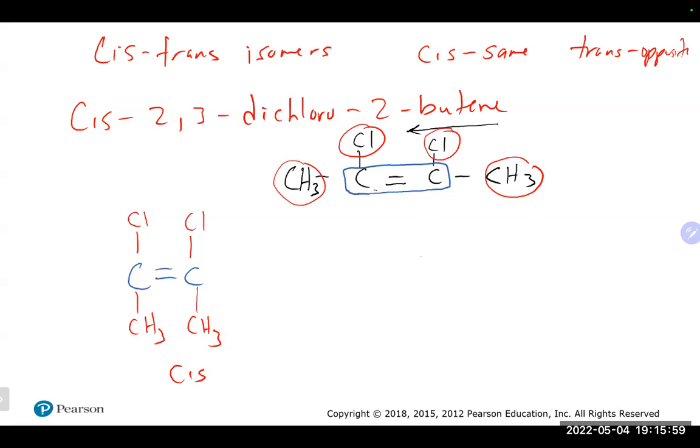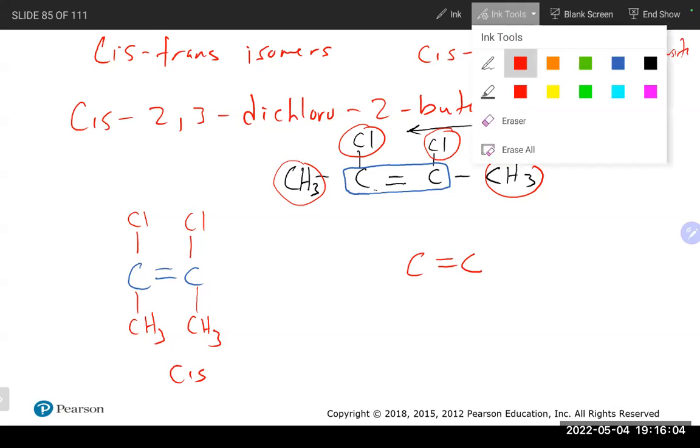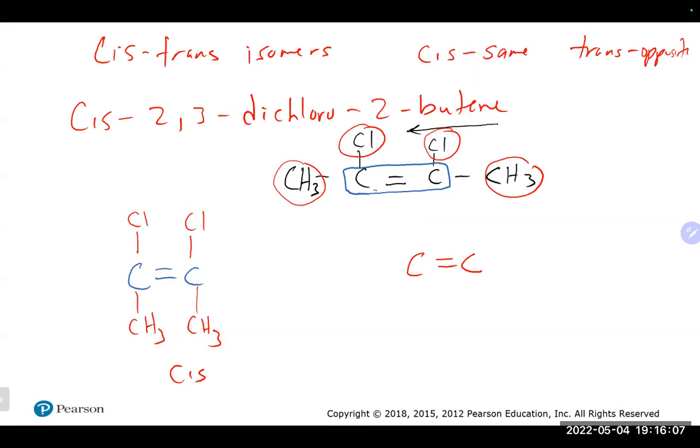If I wanted to do the trans, I could start with the same thing, just the carbon-carbon double bond, and then do 1 chlorine up and 1 down, and 1 CH3 up and 1 CH3 down, and that would get me trans. So if you're asked to draw these, it's sometimes easier to make an extra picture, the straight picture, isolate the double bond, and then move the groups to where you need them. Don't add an extra hydrogen like I did there. That shouldn't be there.